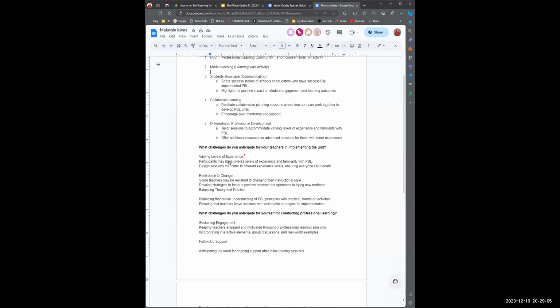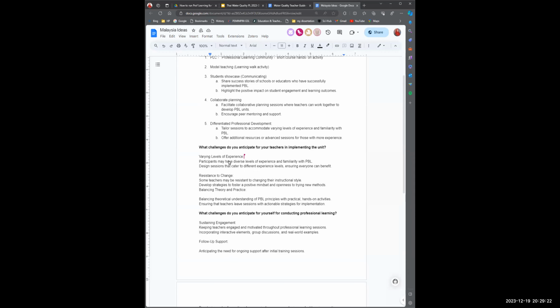So there might be resistance to change. So we need to be smart about introducing PBL to our colleagues, so that it can be something manageable, inspiring, and beneficial to both teachers and students.